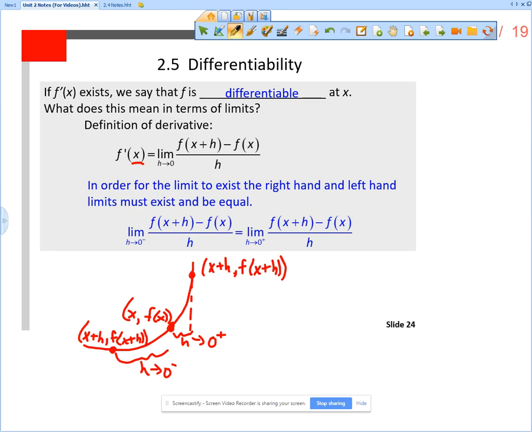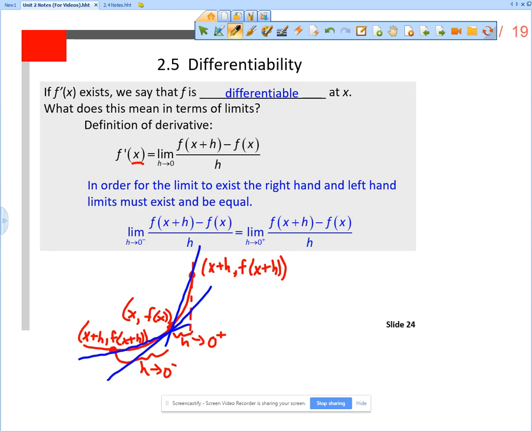So what we're saying is, if the slope of the tangent line is to exist, then the slope of the secant from the right must be approaching the same value as the slope of the secant from the left. So that's all that we're really saying. We need to make sure the derivative on the left of a particular value is the same as the derivative on the right of a particular value.